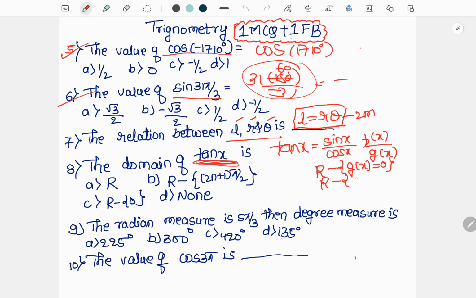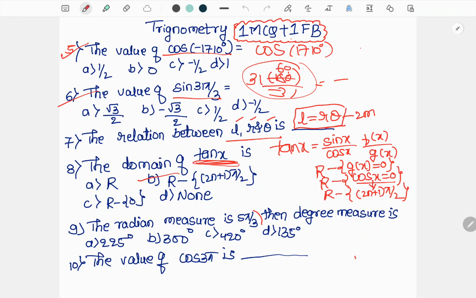Means R minus where cos x is equal to 0. So when cos is equal to 0, odd multiples of 90, 270, in general we can say (2n plus 1) into pi by 2. From the real numbers if you remove this, that is the domain.